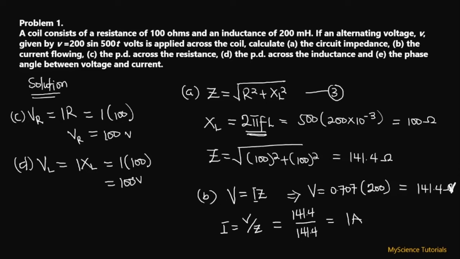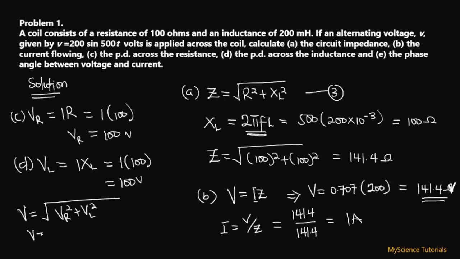All right, now we did some calculation over here, and we said that our voltage, which is the applied voltage for the entire circuit, is 141. So if we do a quick cross check to see whether this is true, applied voltage is equal to the root of VR squared plus VL squared.